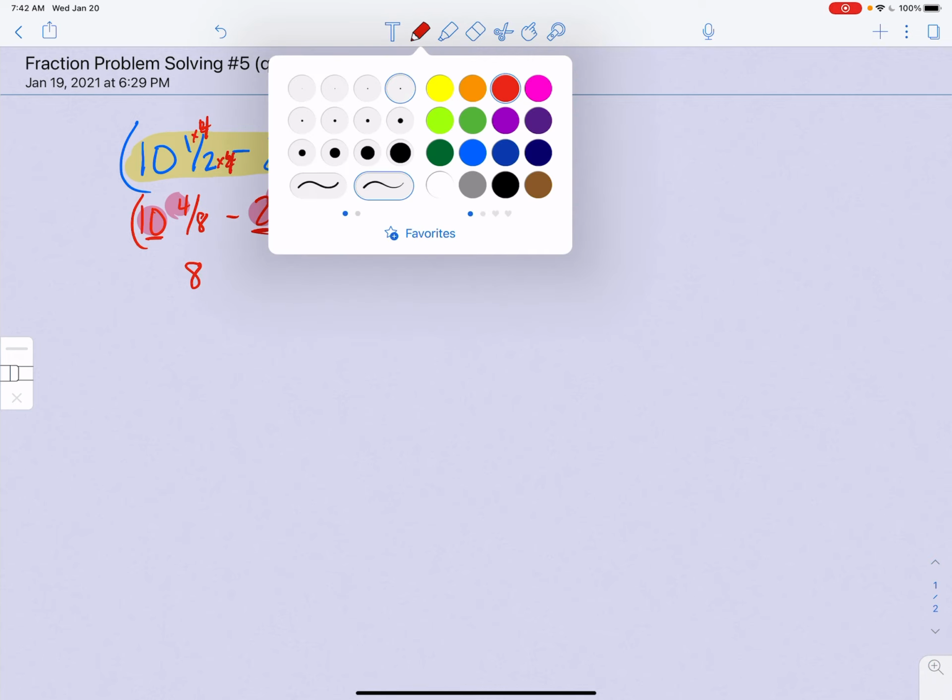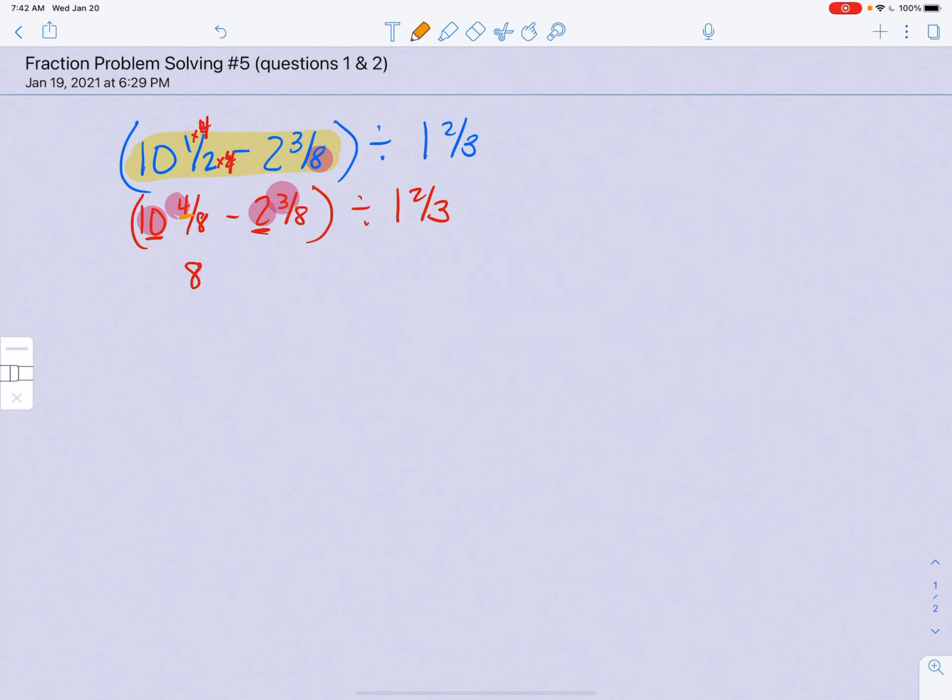But then I'm going to look at the 4 and the 3 numerators. I'll subtract those. 4 minus 3 is 1, and that's still over 8. Bring down my divided by 1 and 2/3, and now I have cleared the parentheses.